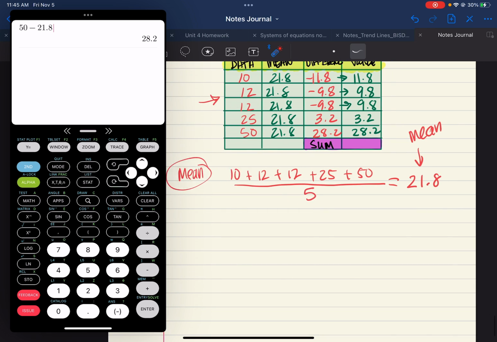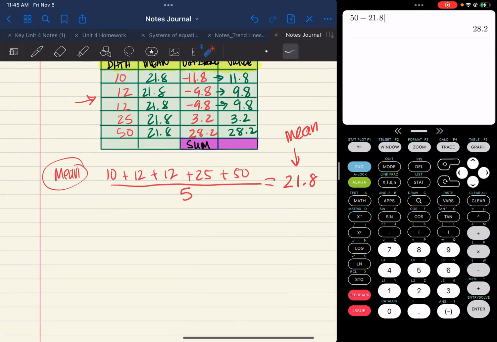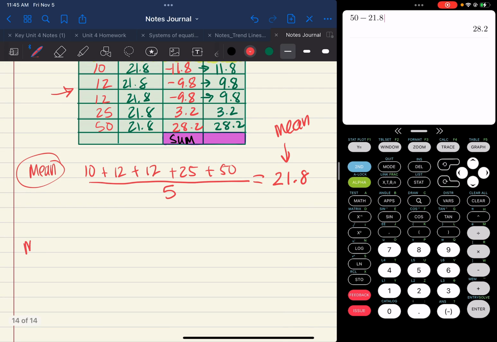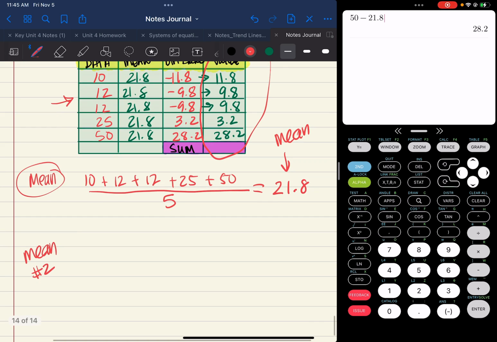So I'm going to put mean number 2, and I'm taking the mean now of the absolute values. Let me write it real quick.